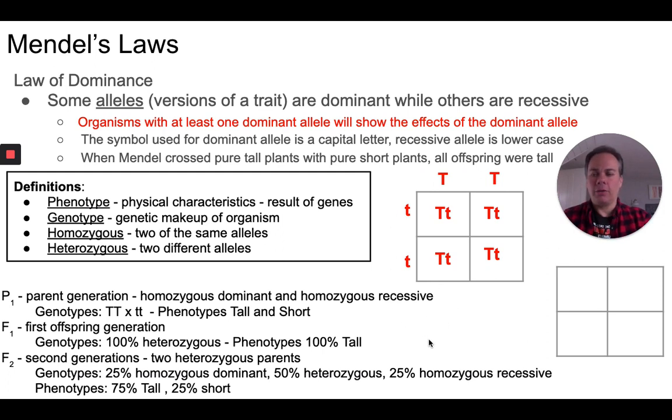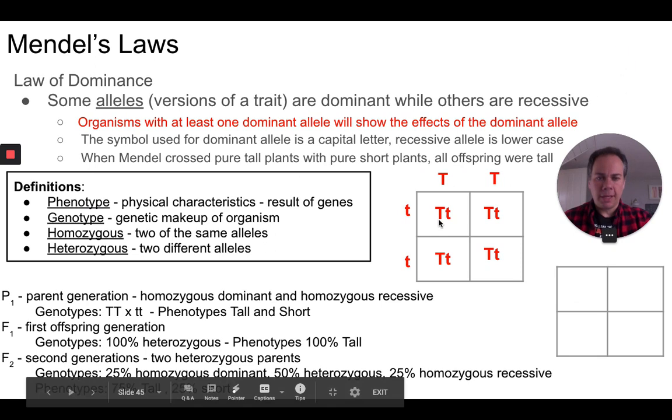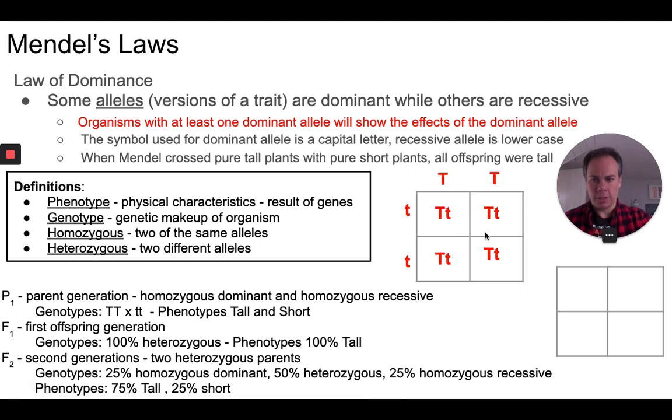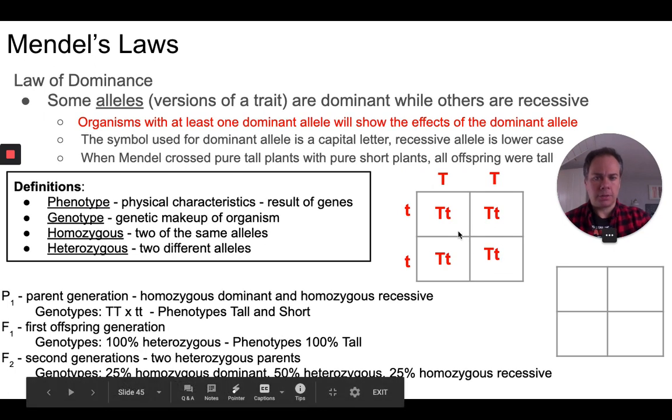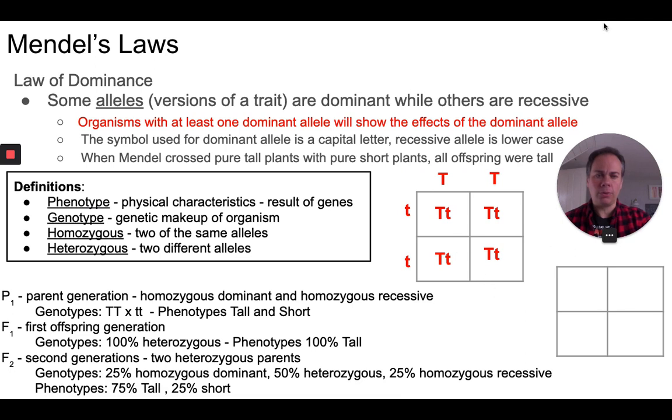Then Mendel looked at the results of taking two of these offspring. So these would be the F1 generation, the first offspring. They're 100% heterozygous, 100% tall. What he did is he would take two of those plants and cross fertilize them.